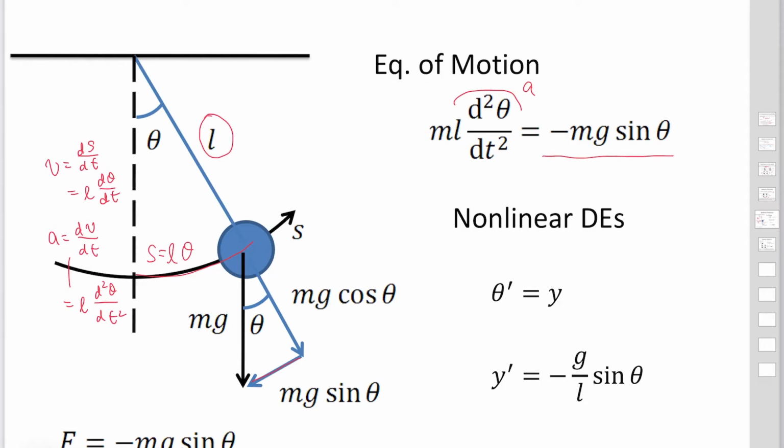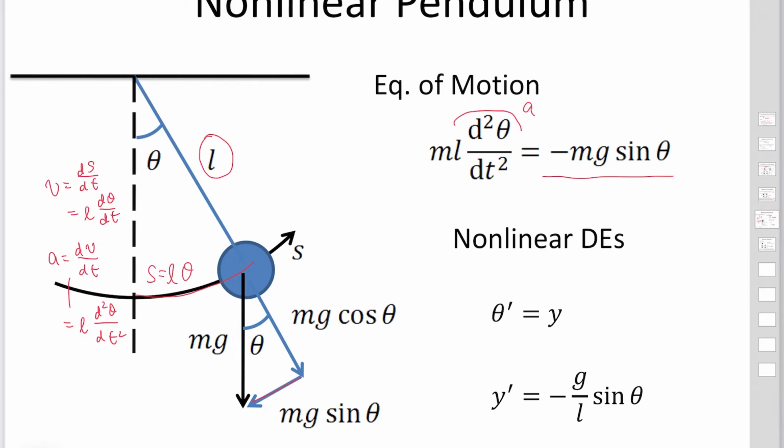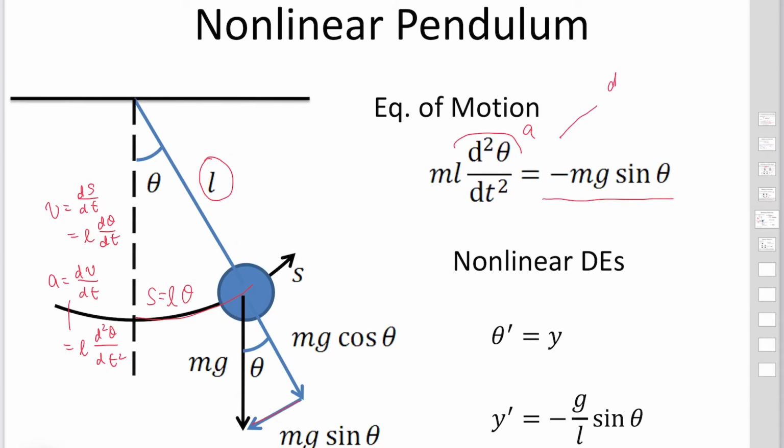So the right hand side of the equation is the force acting on the object by gravity. By dividing by ml, the second derivative of theta with respect to t is going to be minus g over l sine theta. This is a higher order differential equation, a second order differential equation.